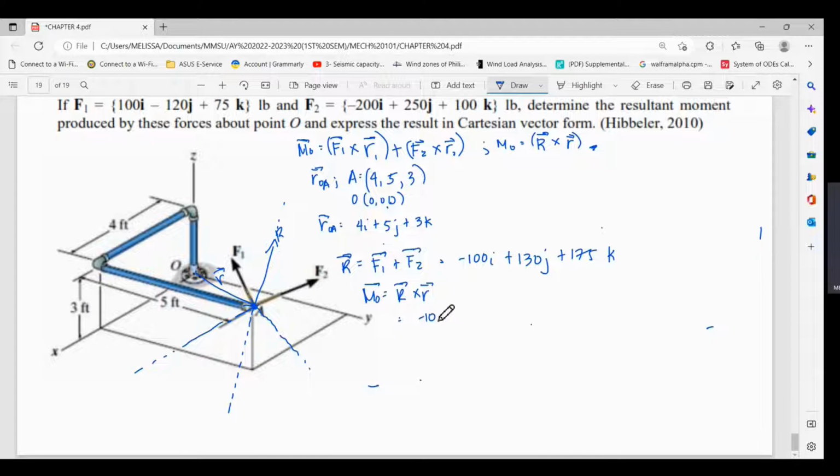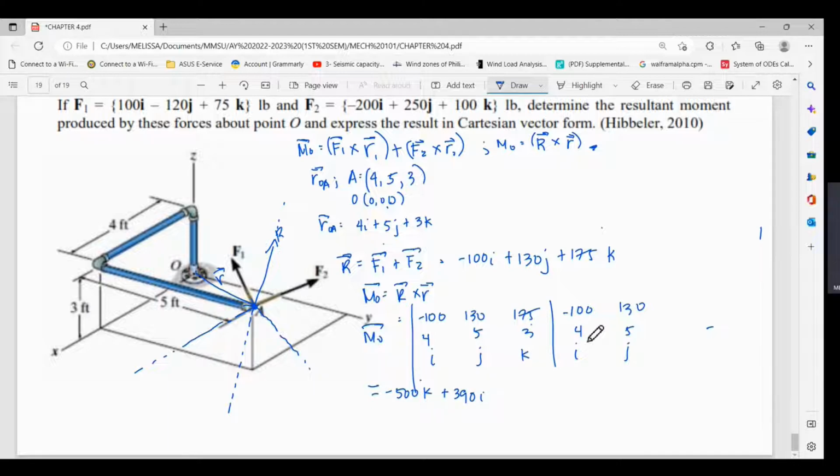So, using the basket rule again, 130 tapos 175 tapos dito naman is 4, 5, 3 and then we have I, J, K. Okay, so this is much easier compared dun sa nauna. Okay, so we have here negative what? Negative 500K plus 390I, diba?